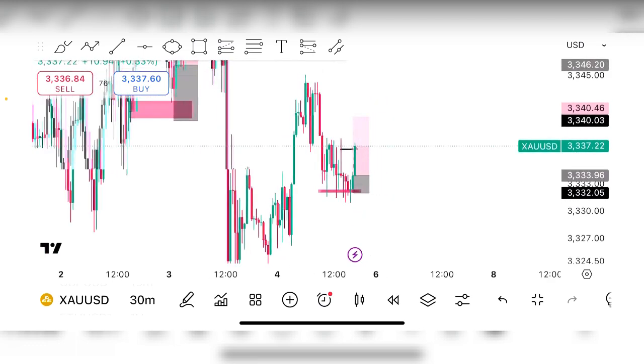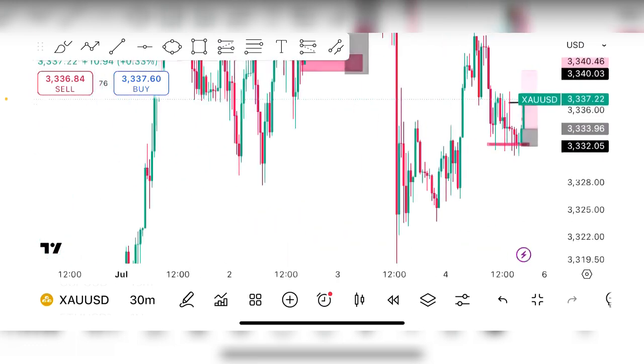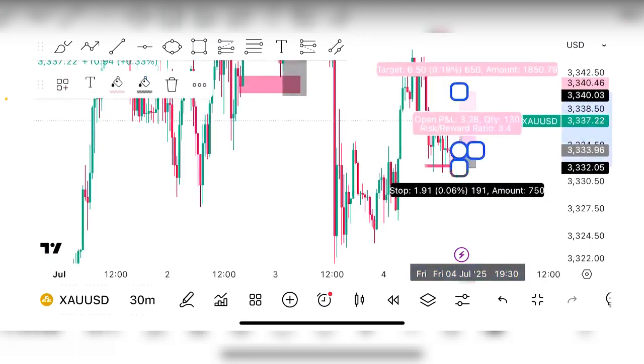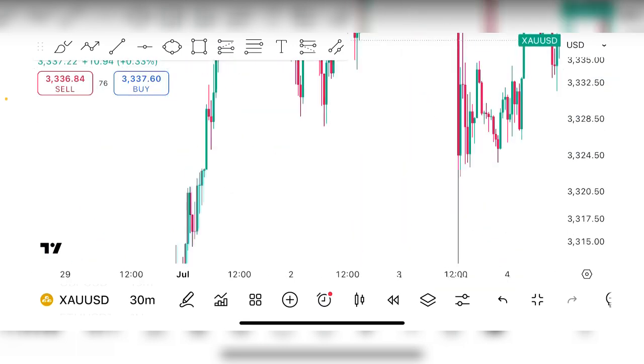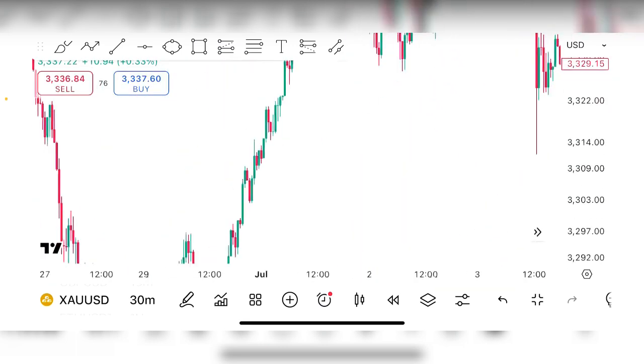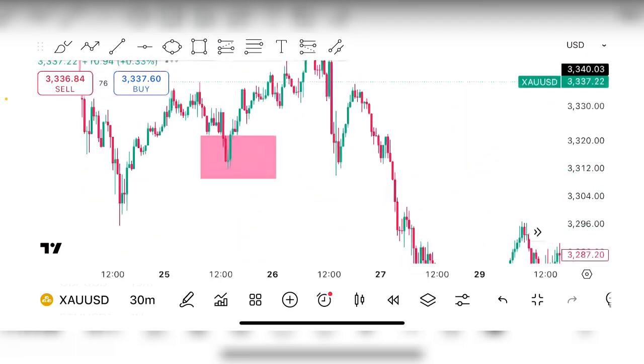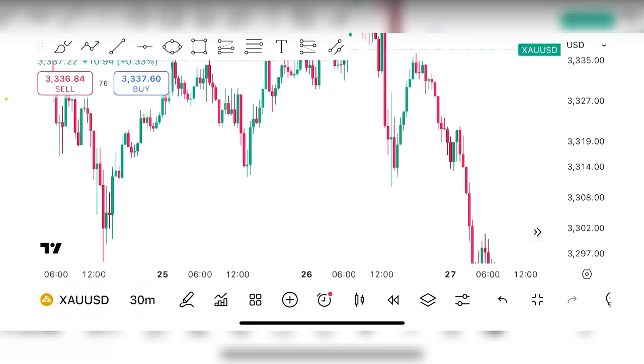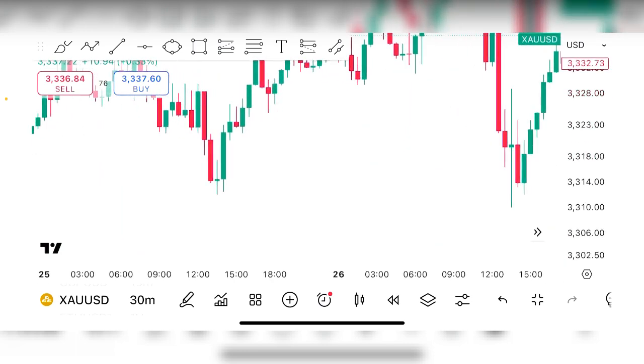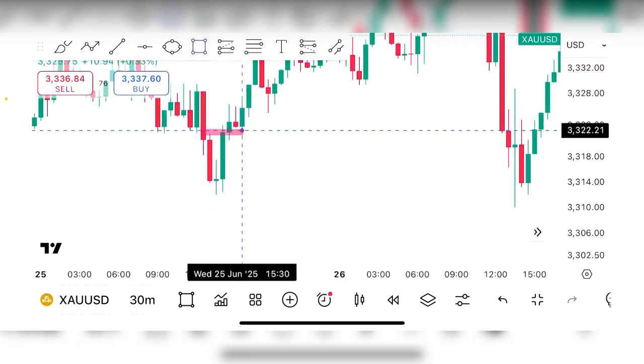Let me look for another one again for you. Okay, I also mark this. You can see it's just like the same pattern I drew.